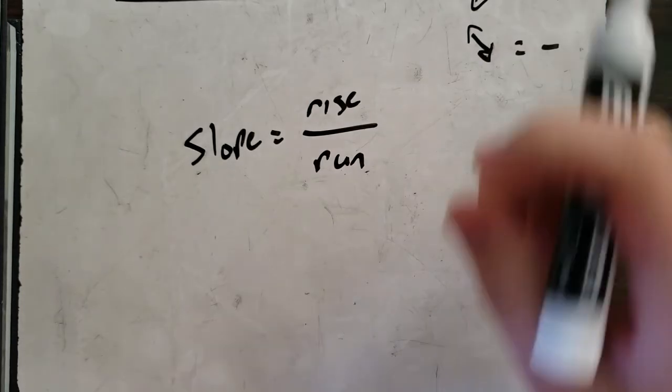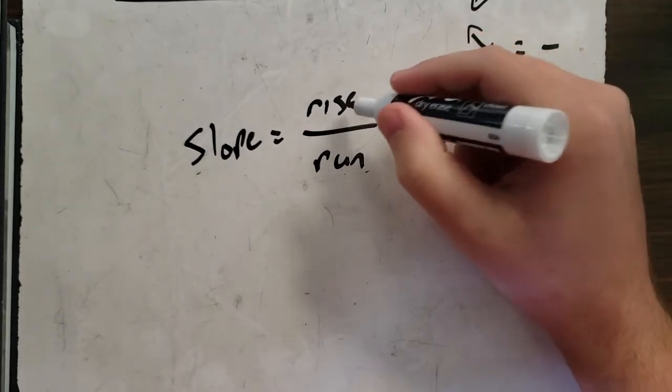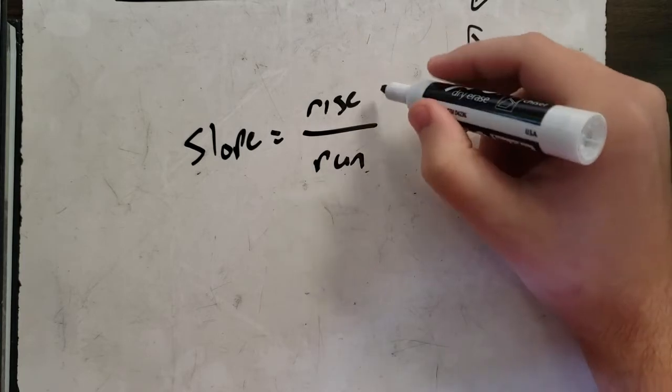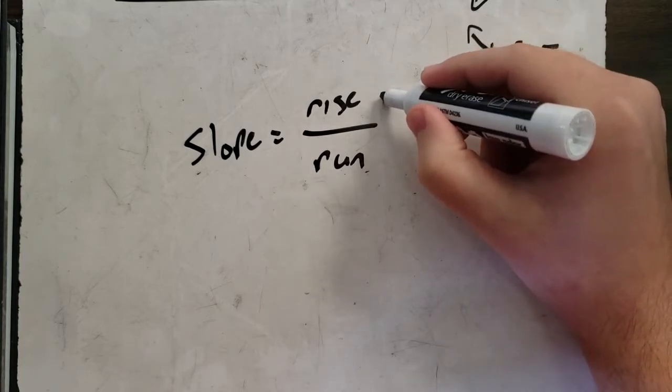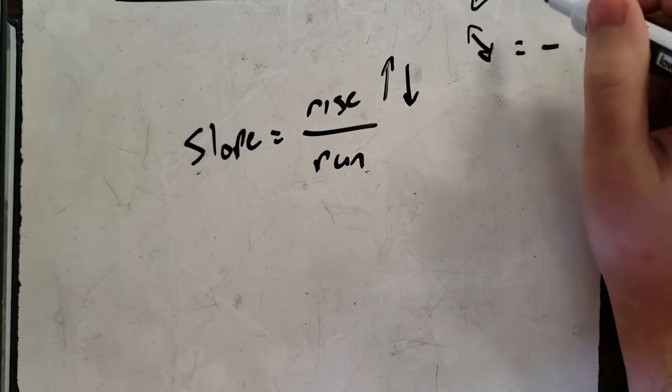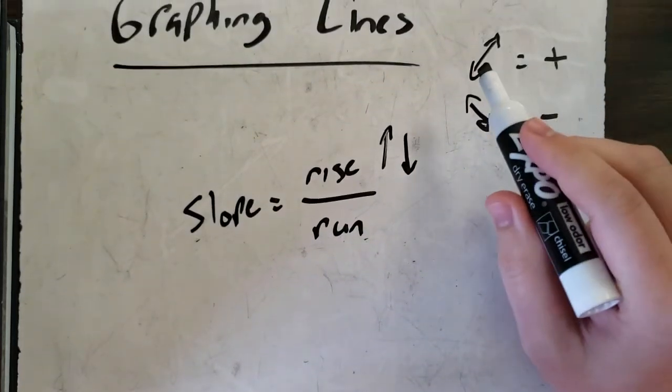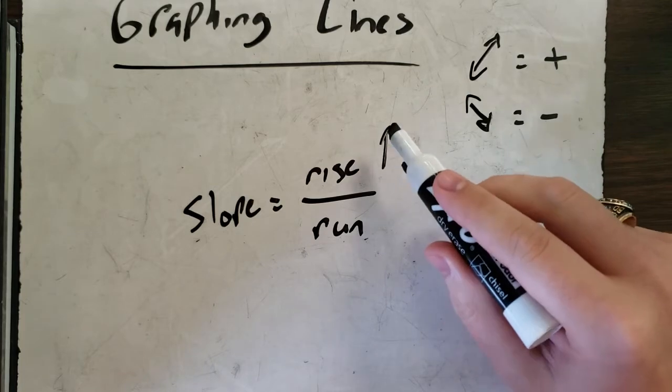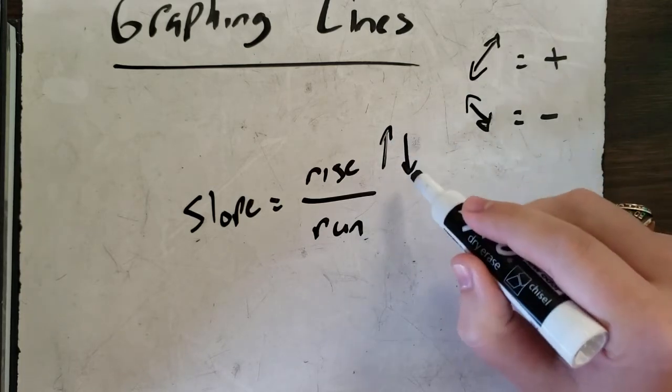What does that mean? Well, the rise, the top number of our slope, tells us how far up or down we are going to go. It depends on what our slope is. If our slope is positive, we're going to go up. If our slope's negative, we're going to go down.